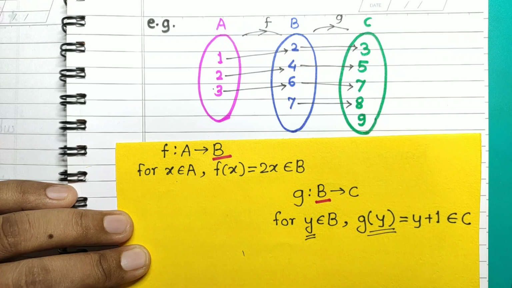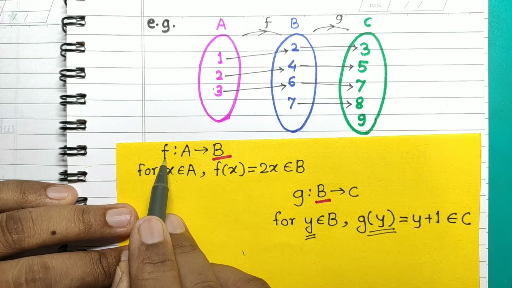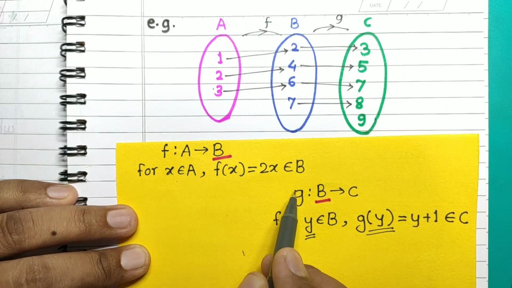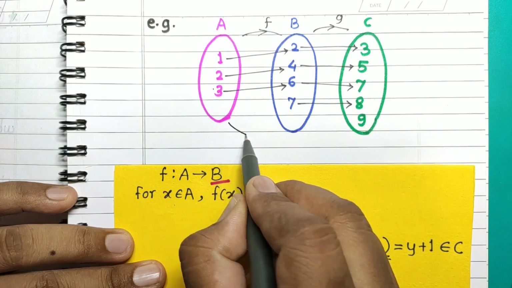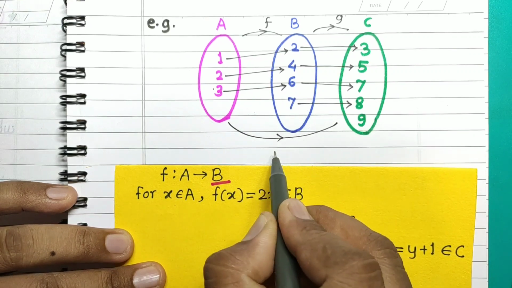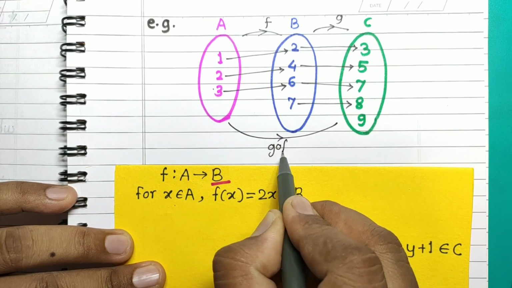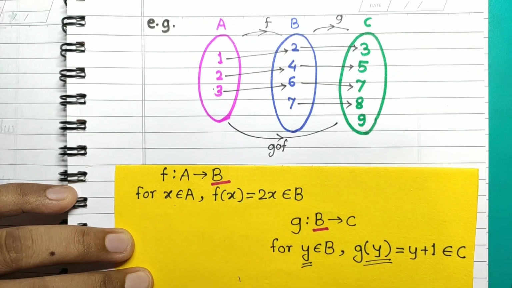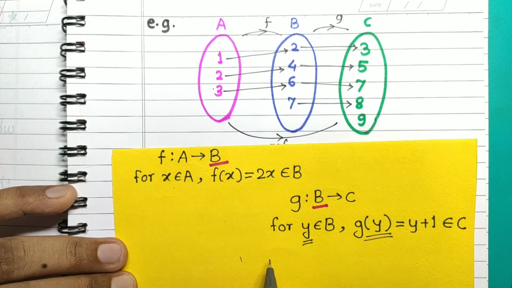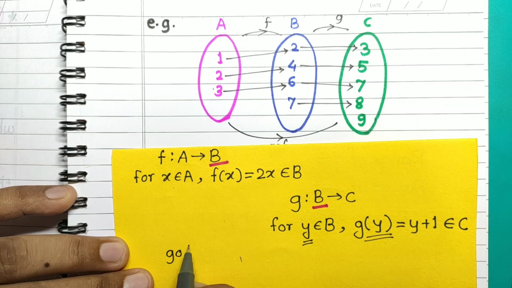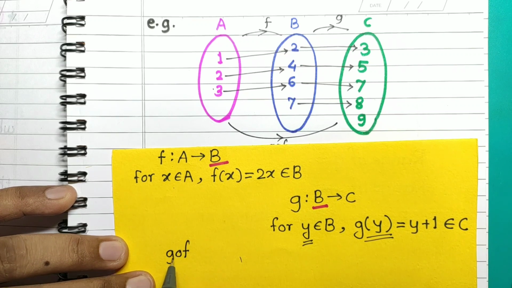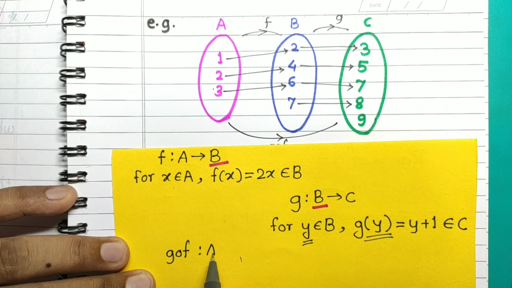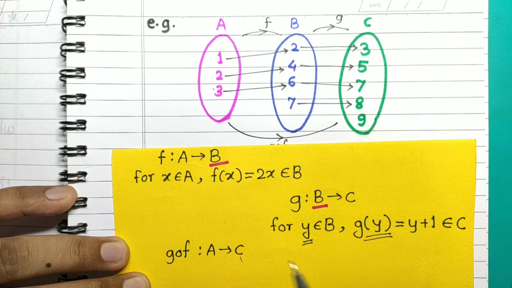So in this case we can define the composite function of f and g from set A to set C.